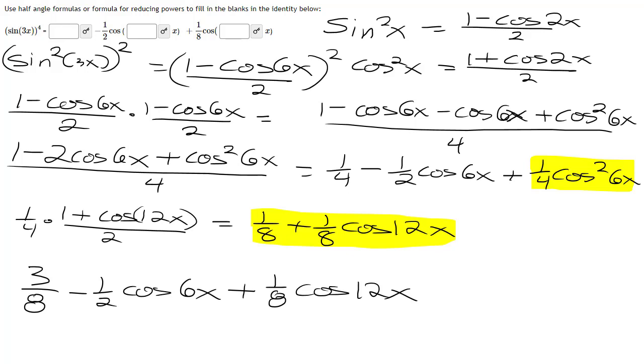Now, of course, if we wanted to, we could use these half-angle formulas to go from 6x to 3x and things like that, but it's just going to get very convoluted.